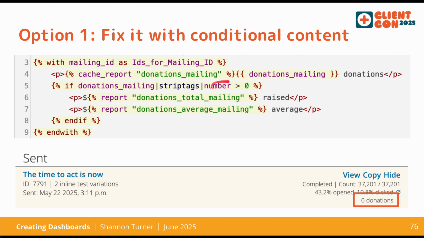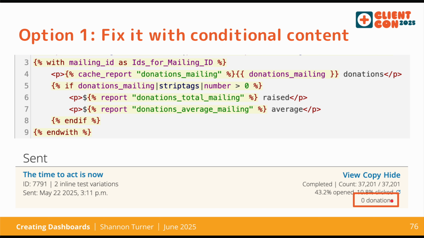So the number tag can be really useful here. We convert it to a number and then check to see, did we get more than 0 donations? It's another way of saying, did we get any donations? And then if so, then I want to include these as well. Otherwise, don't display them at all.